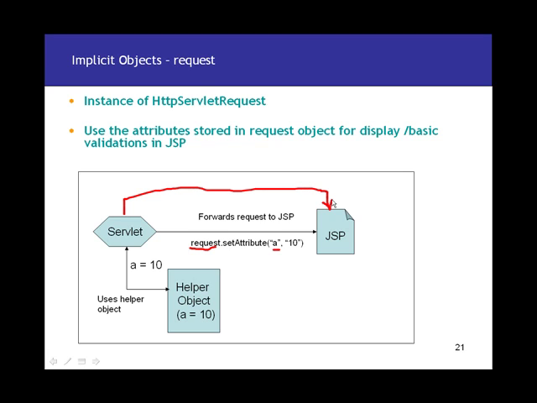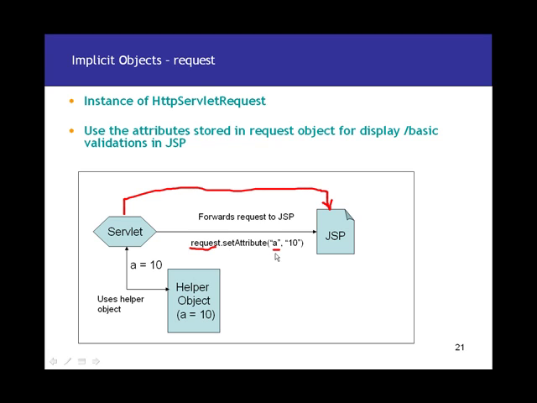It's very important for you to understand at which level or at what scope you are going to set these attribute values in your application, because if you are setting it at a request level, the value is only available for that particular request and it is discarded, it's not stored anywhere in the memory.